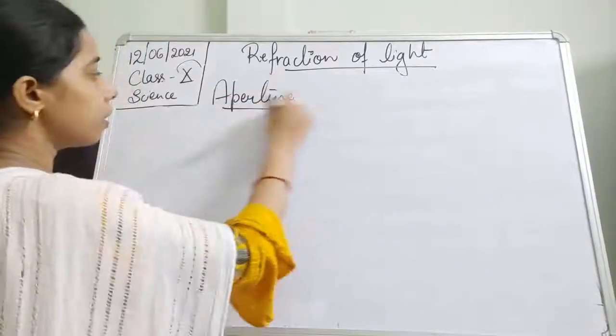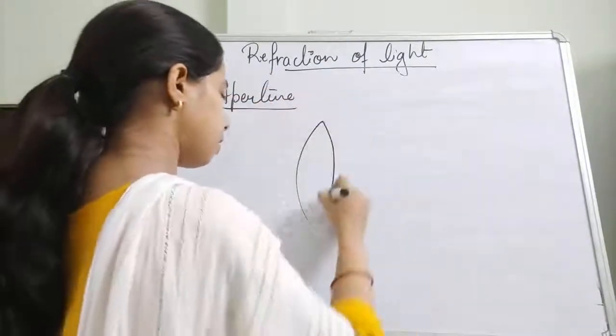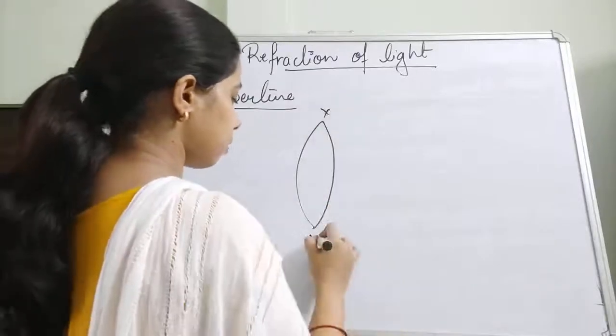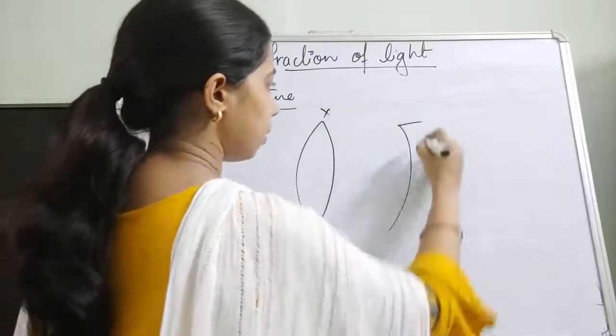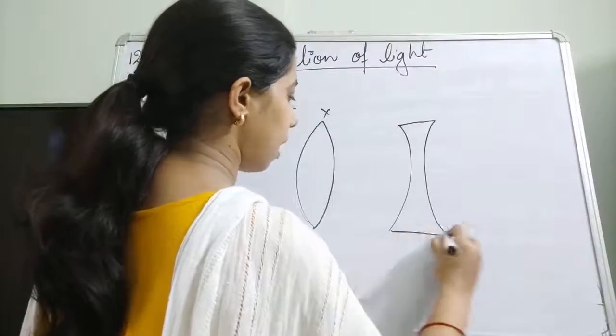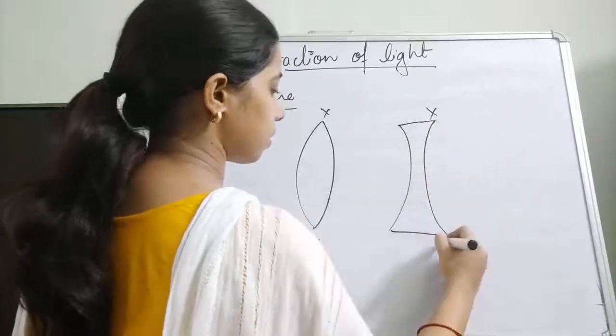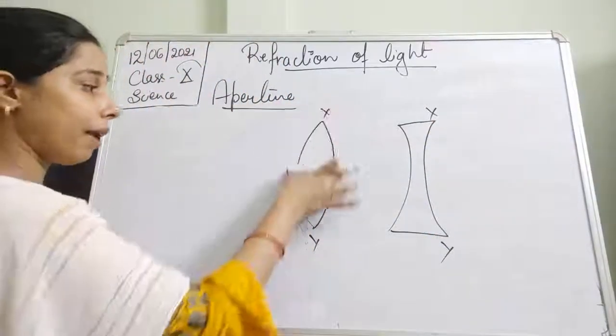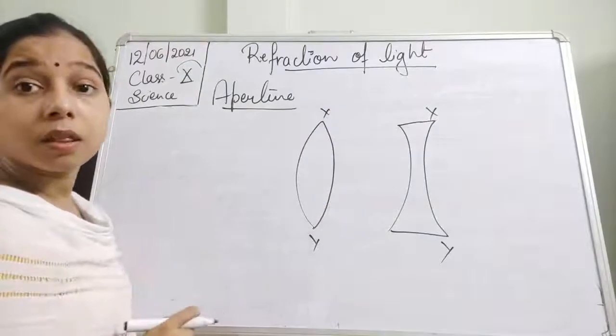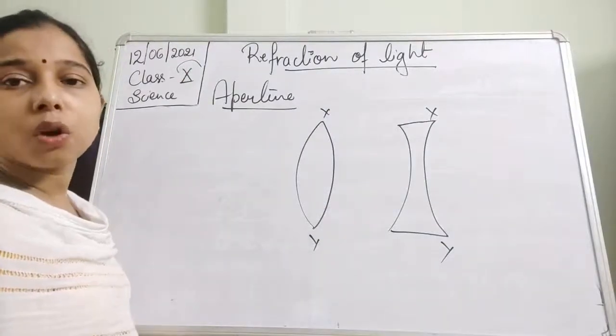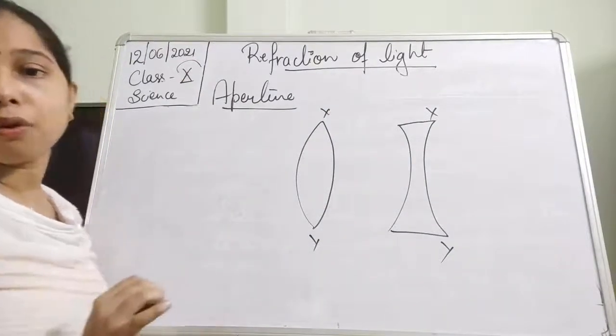What is aperture, students? If you look at the lens, this is X, this is Y. If you look at the other lens, that is the concave lens, this is X, this is Y. So this whole X, Y, it means the body of the lens, is called the aperture of the lens.